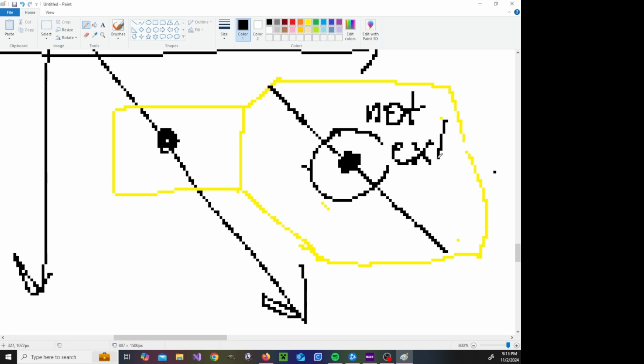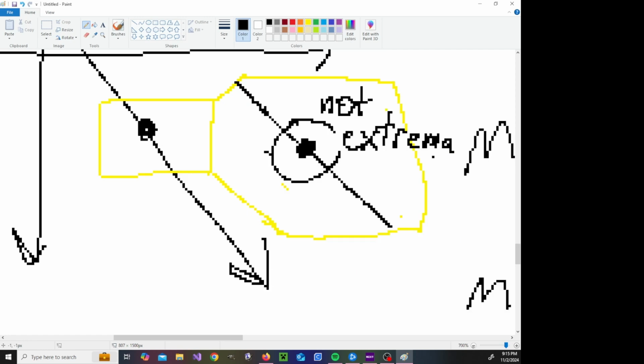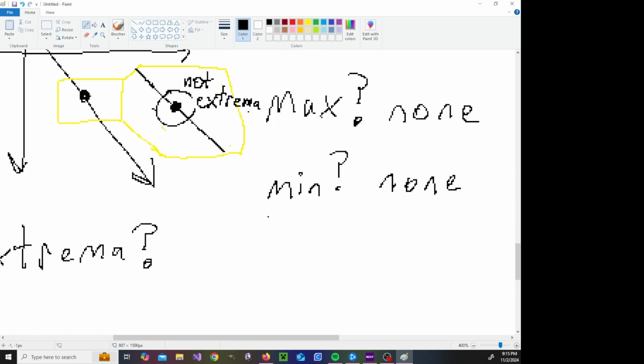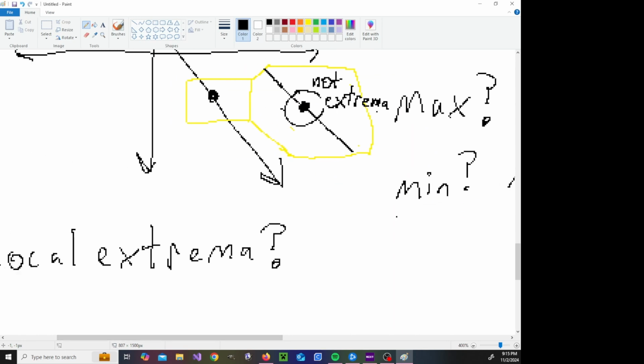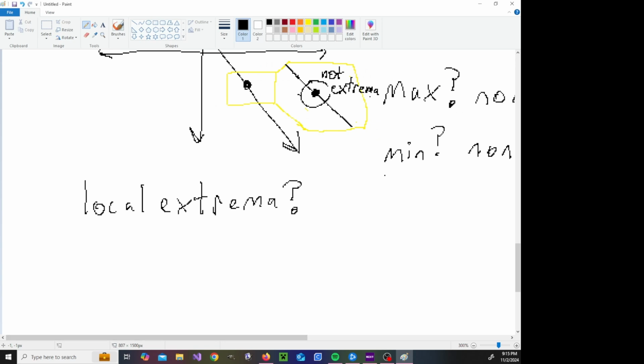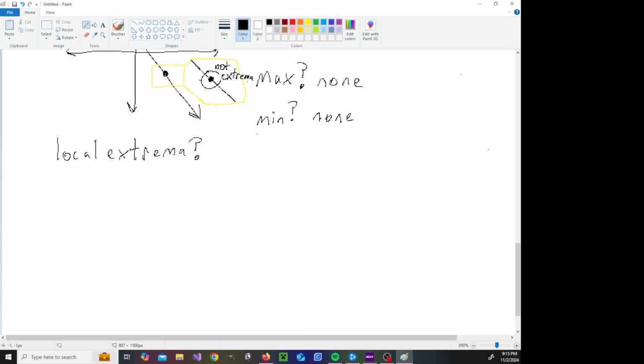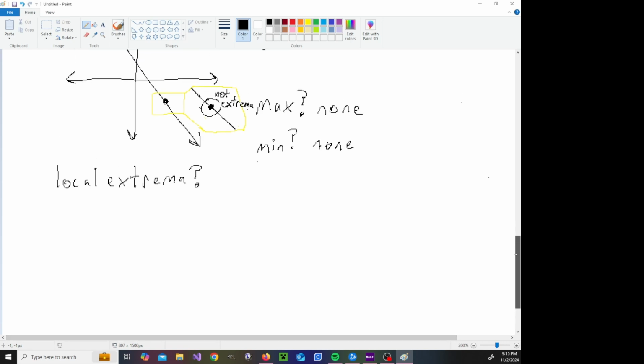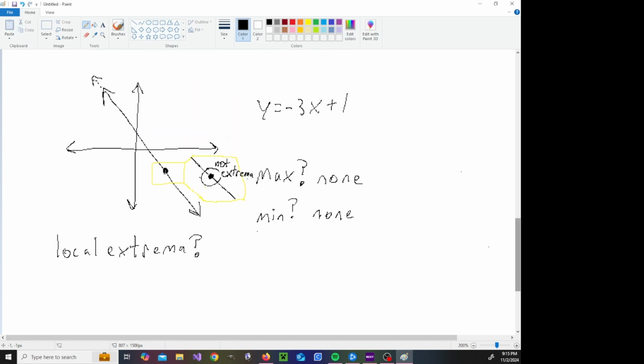E X T R E M A. It is hard to write when you're zoomed in like that. Right. So, is there any local extrema? No. None, even.